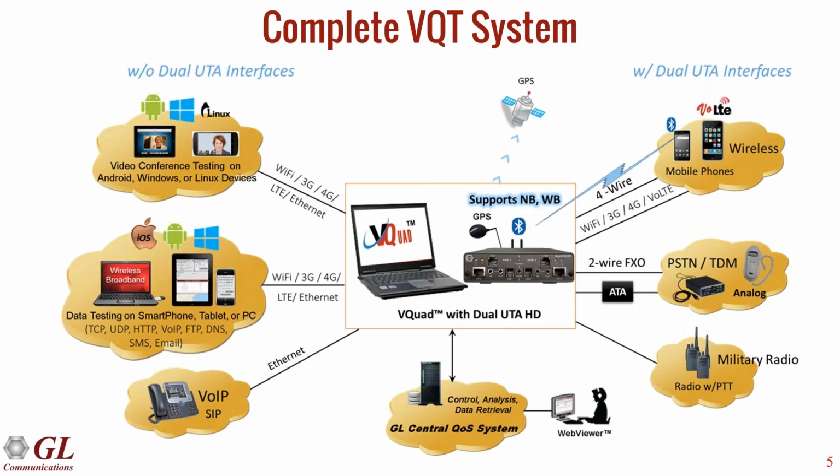And we can also test video conferencing from point A to point B, and retrieve video and audio MOS, mean opinion score, and a bunch of other metrics. So again, the VQuad is the central point of all this, and at the bottom you'll see that everything goes into this central database, but you can then access it through a browser we call a web viewer. And Raghavendra will get more into what the web viewer does.